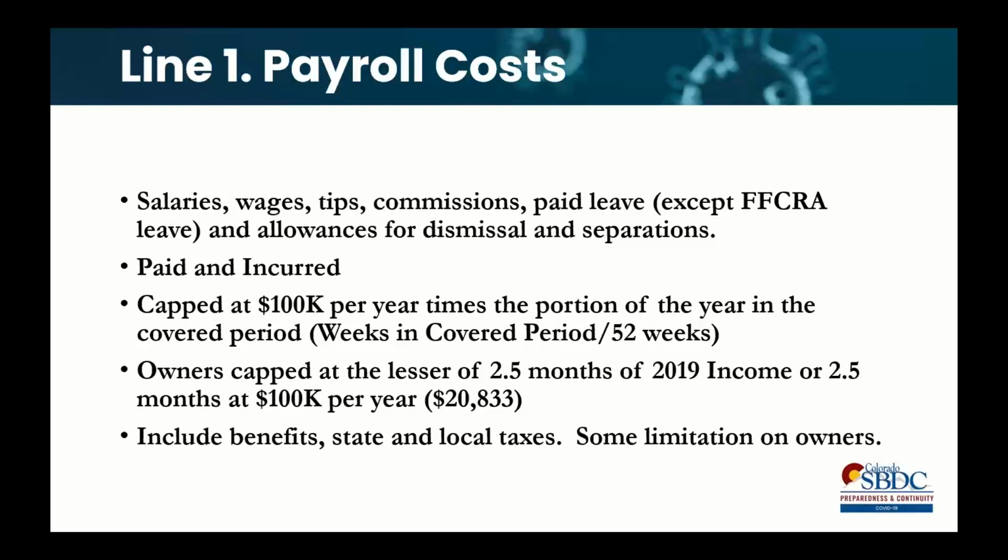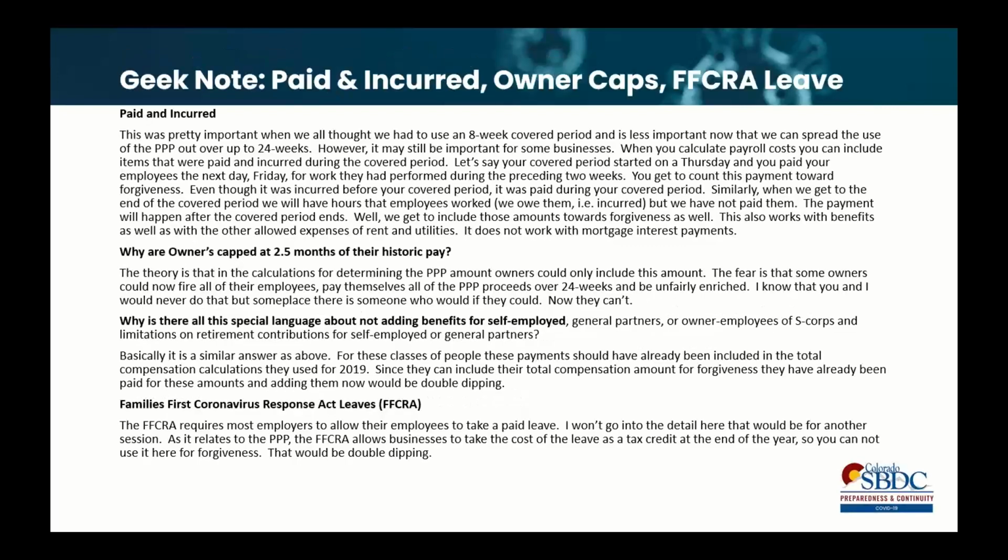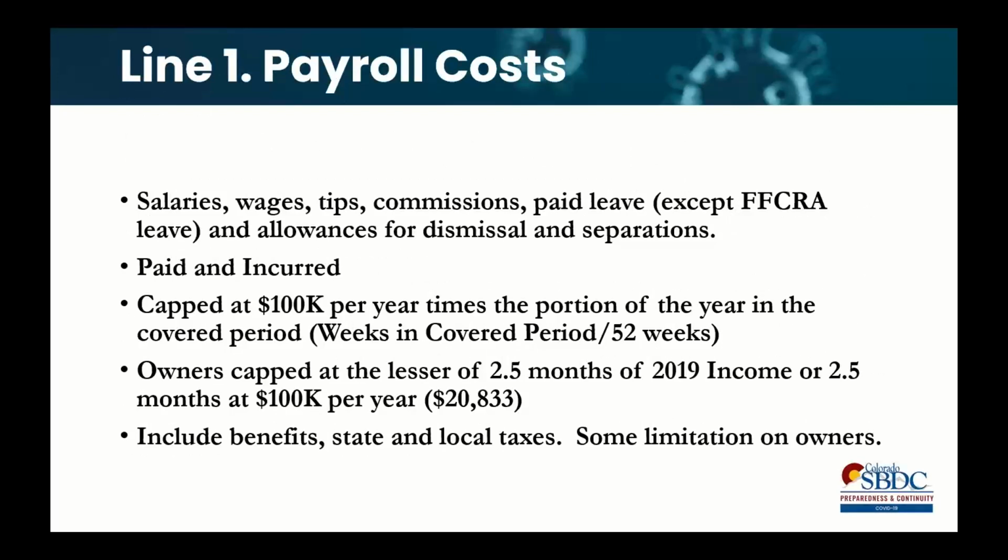If you have an 8-week covered period, the most that this can amount to is $15,385, which is $100,000 divided by 52 weeks in a year times 8 weeks. If you use the full 24-week covered period, you can count $46,154 as the maximum for an employee.